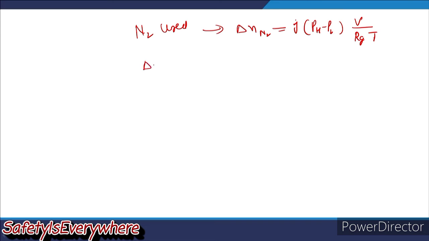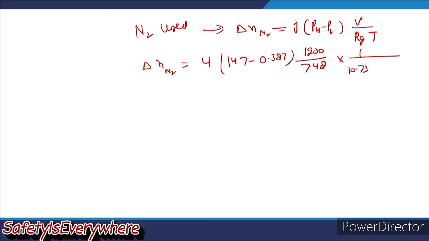Now the total nitrogen used is equal to delta N N2 is j into pH minus PL into V upon RgT. If we substitute the respective values, this comes out to be 14.7 minus 0.387 into 1200 divided by 7.48 into 1 upon 10.73, into 75 plus 460.